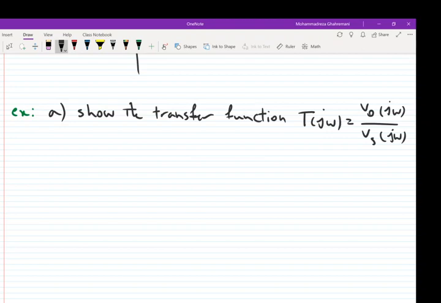Show that the transfer function has low pass gain characteristics.